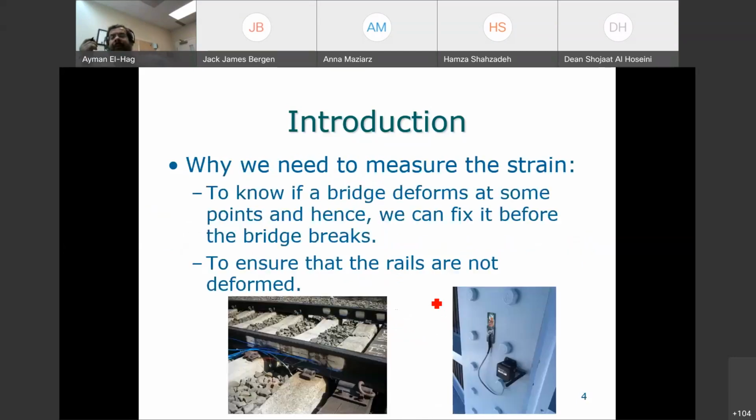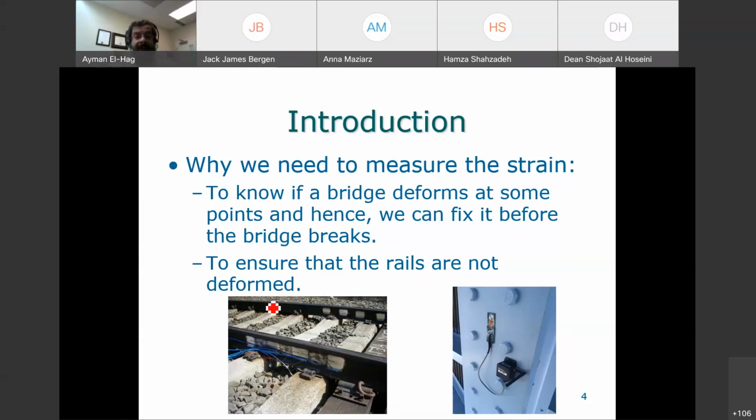Now, why do we need to measure the strain, the strain that results from the stress? For example, if we have a bridge and this bridge becomes very old, we want to know if it starts to yield, if it starts to get some deformation, so that we can detect that at an early stage and hence prevent failure.